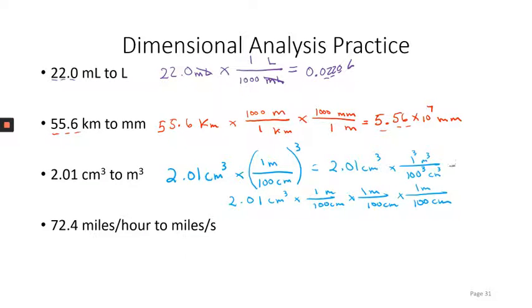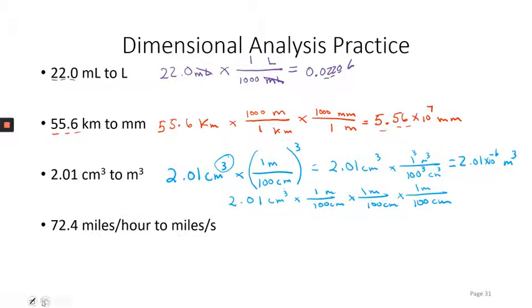And when you do that, you get 2.01 times 10 to the minus 6 meters cubed. Remember, when you have a cube like that, it isn't straightforward. You have to do it 3 times or cube it.